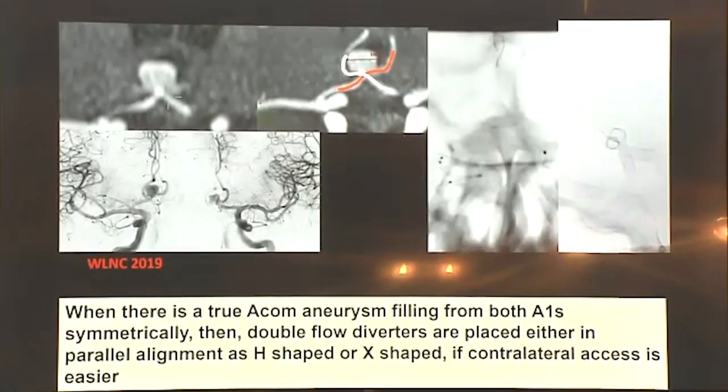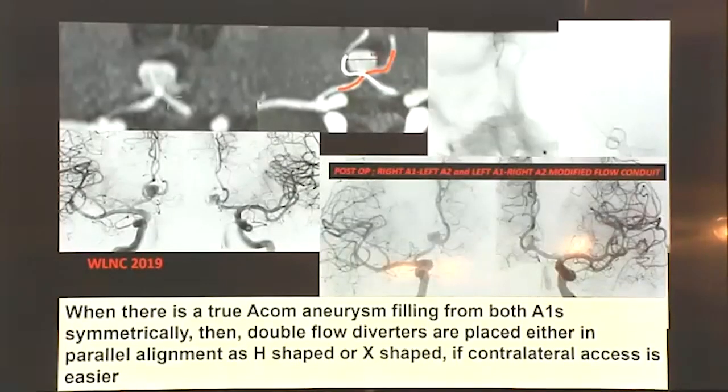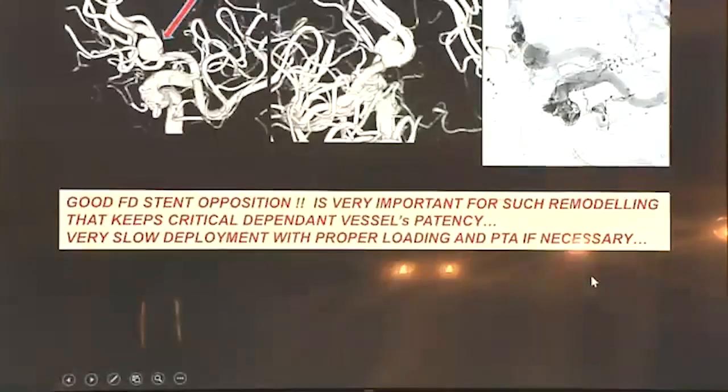We opened up together simultaneously both Vista Babies, and left A2, right A1 is filling from the right side injection, and right A2, left A1 filling from the left side. We are waiting for the control of this one.